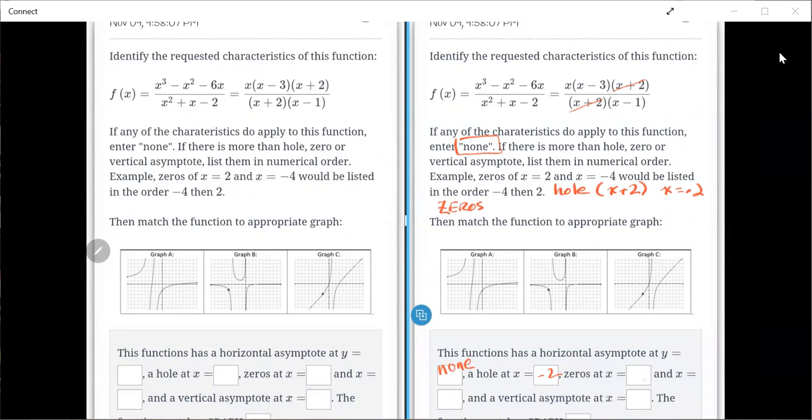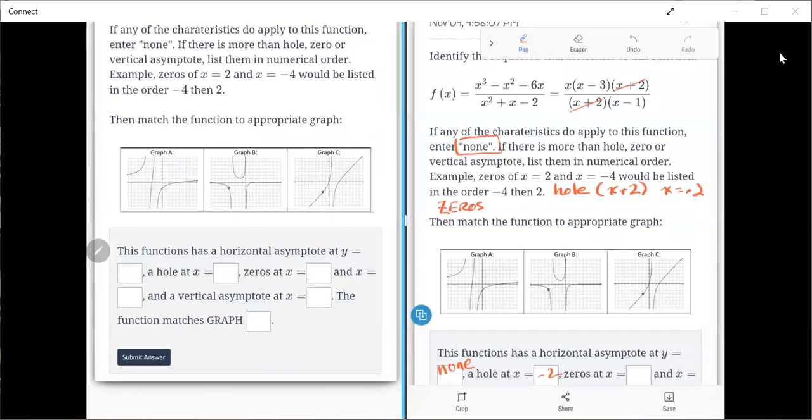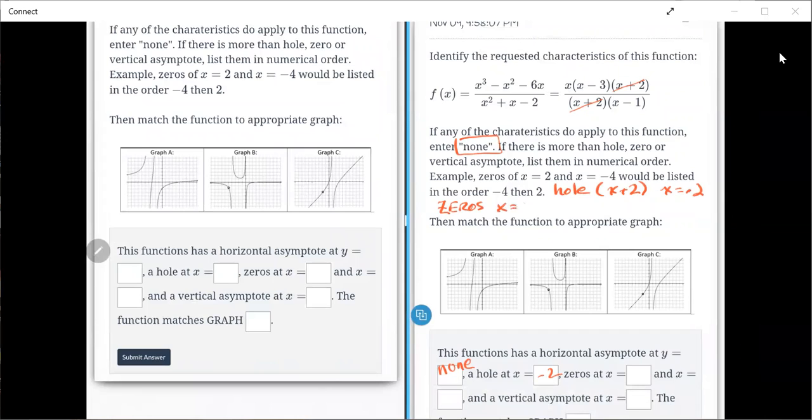You can tell that by the answer too, because it's asking you for 2 zeros. So one zero is x, so you have x equals 0, that's right here. And the other one is x minus 3. For that one, we're going to have the opposite sign, so it would be a 3. So our answers here are going to be 0 and 3.